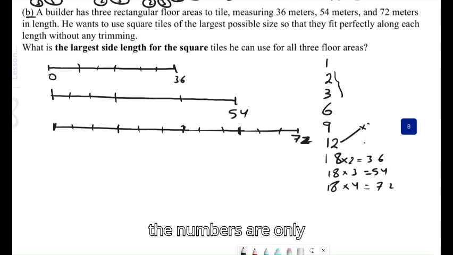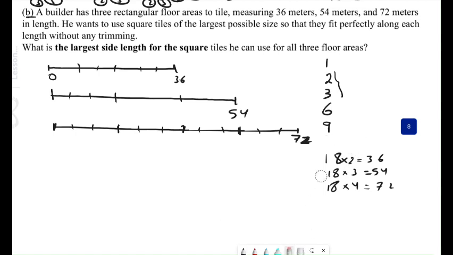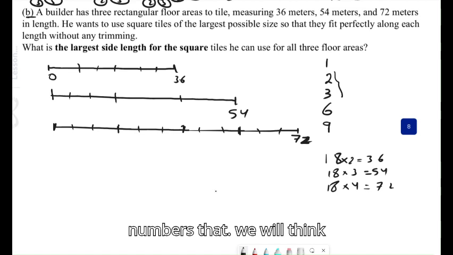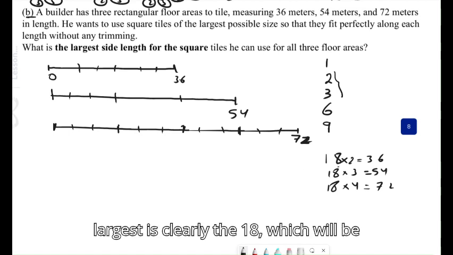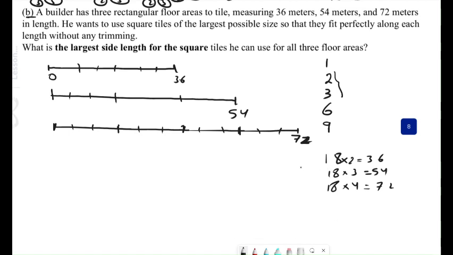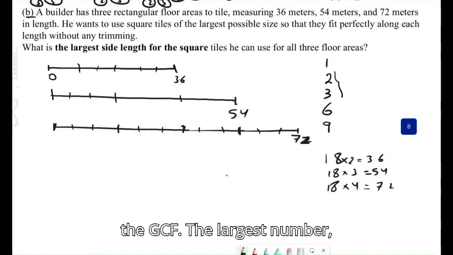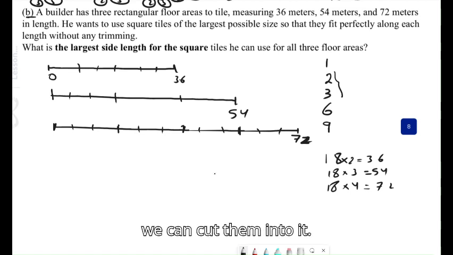So the numbers are only 1, 2, 3, 6, 9, and 18. These are the numbers that we will think about. They can be cut into any of them. The largest is clearly the 18, which will be the GCF. The largest number, we can cut them into it.